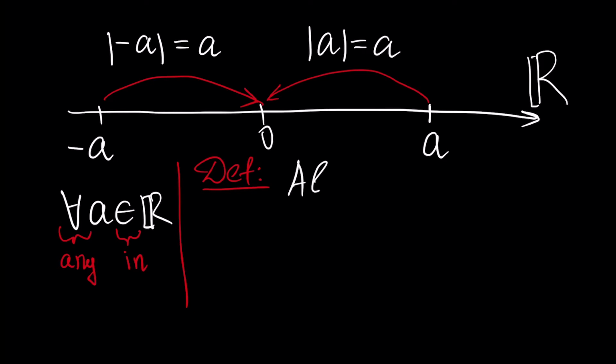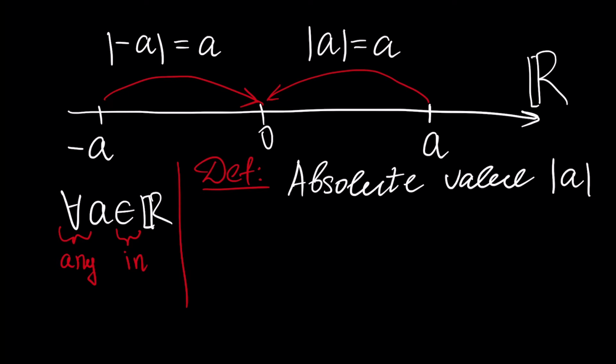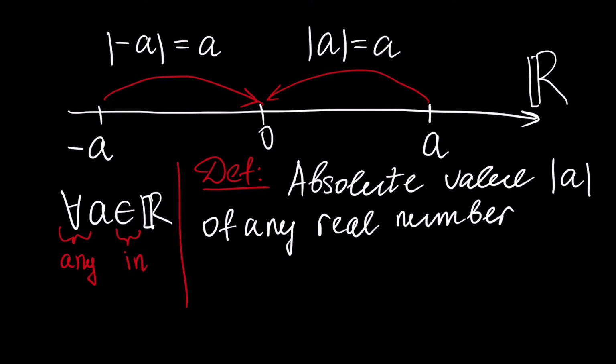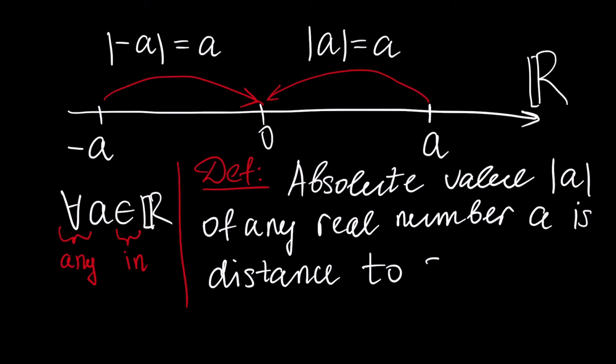Absolute value, denoted as |A|, of any real number A, is a distance to zero. This is the main idea.